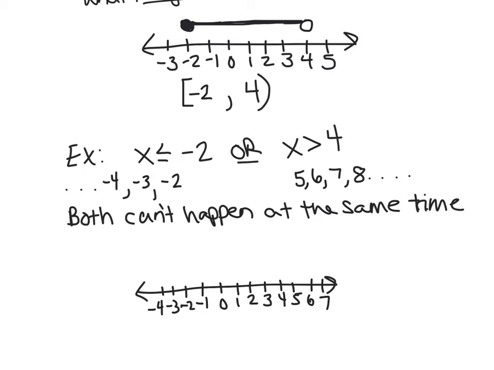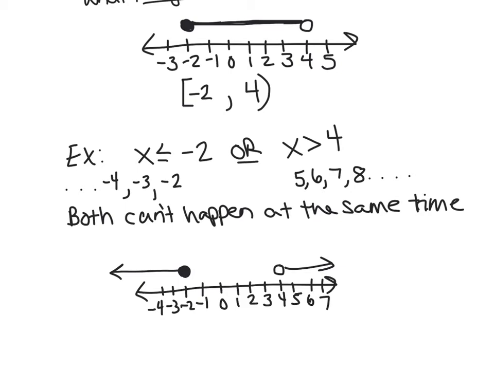I'm going to graph my first inequality, x is less than or equal to -2. So that's a closed circle at -2. And then less than is to the left. Then we have "or" x is greater than 4. So I'm going to have an open circle at 4. And x is greater than 4, so I'm going to shade to the right.